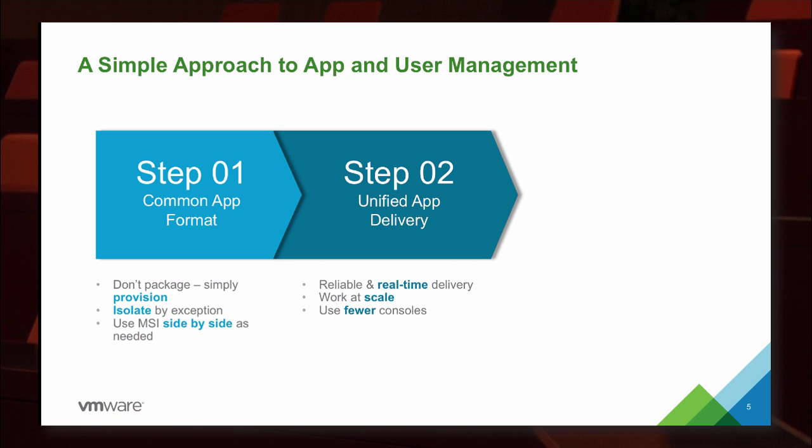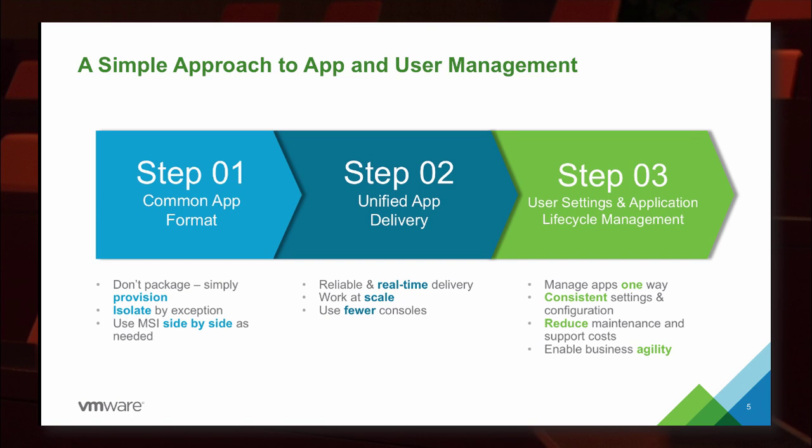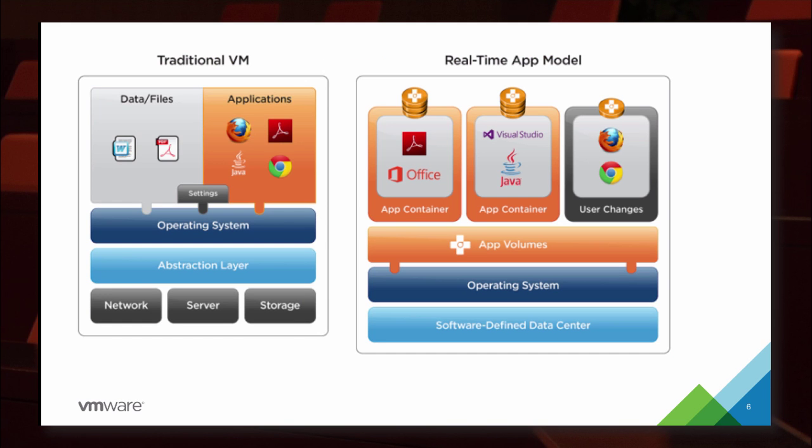Then we need to be able to deliver them in real time and at scale. And we have to be able to do it and have less app stacks, less points of configuration moving forward. And then lastly, we need to be able to manage them in one way. We need to be able to ensure that the settings and configurations are consistent, and that will allow us to enable agility on a go forward.